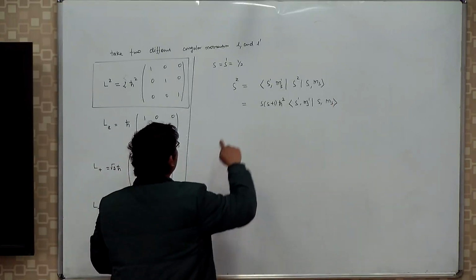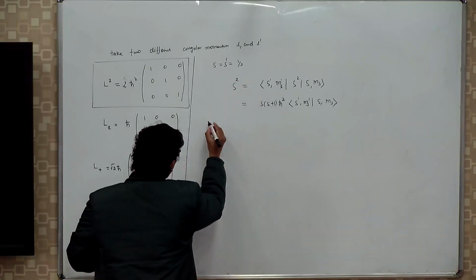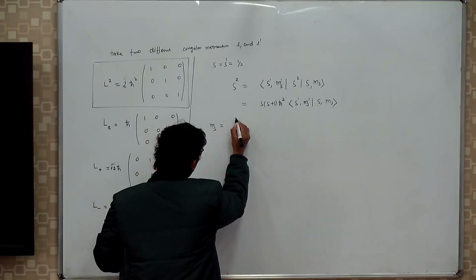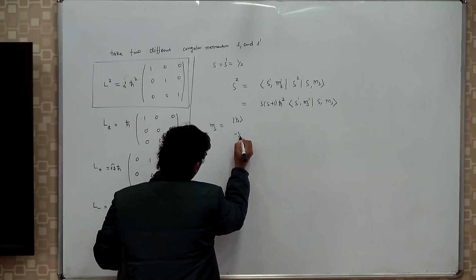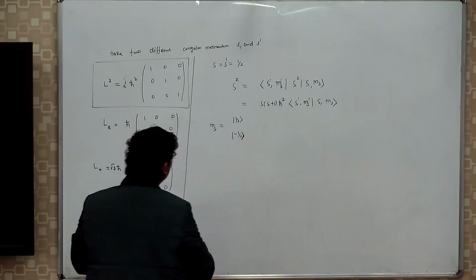Already we have the value of S and S dash equal to 1 by 2. Then m s has two possible values, one is plus 1 by 2 and minus 1 by 2. There are two possible magnetic quantum numbers.